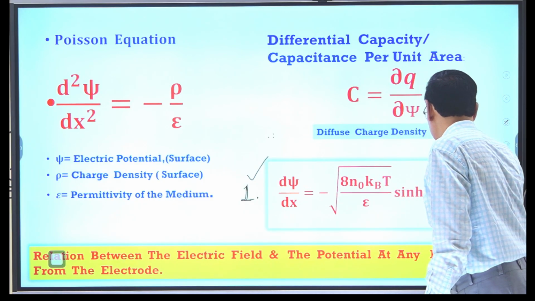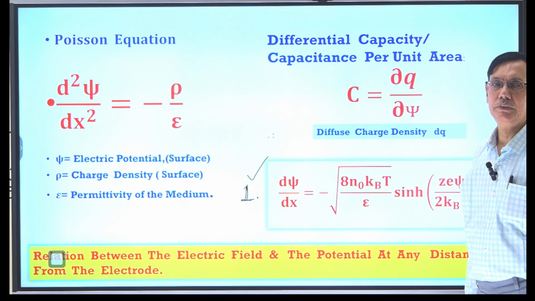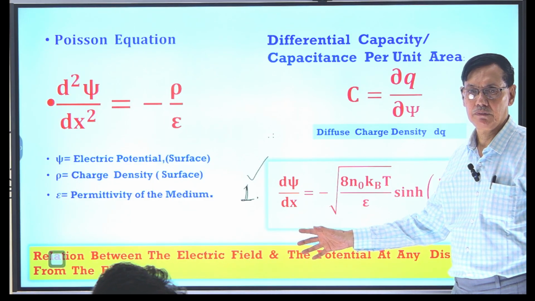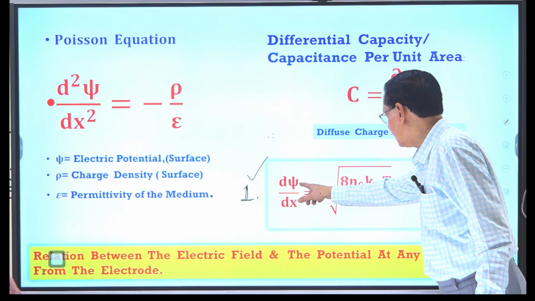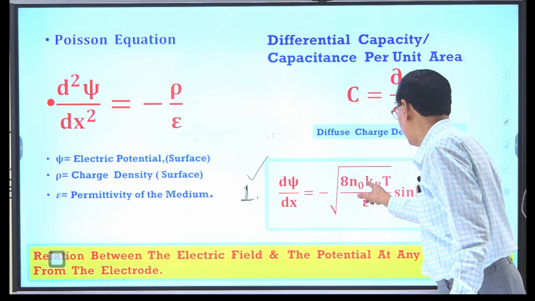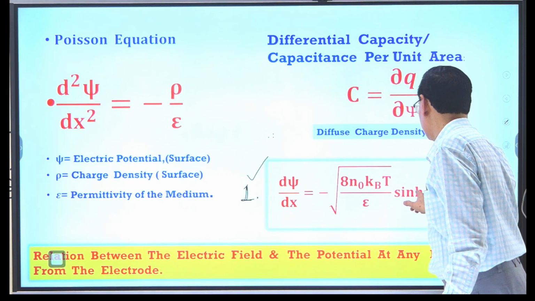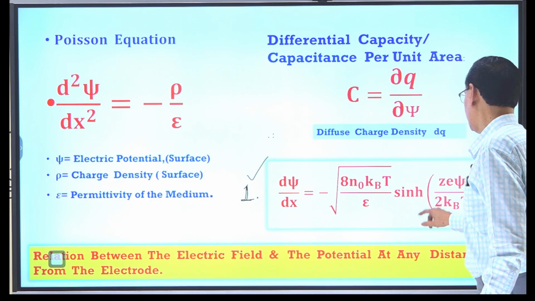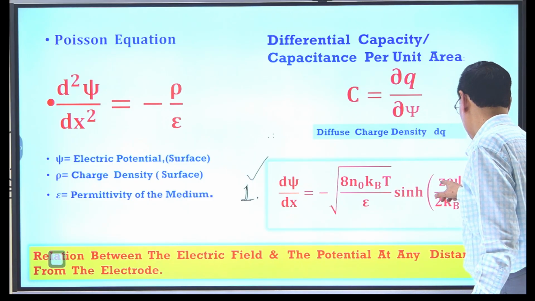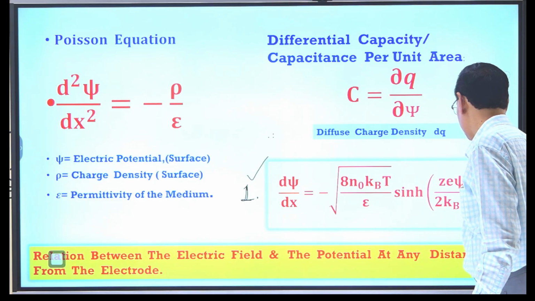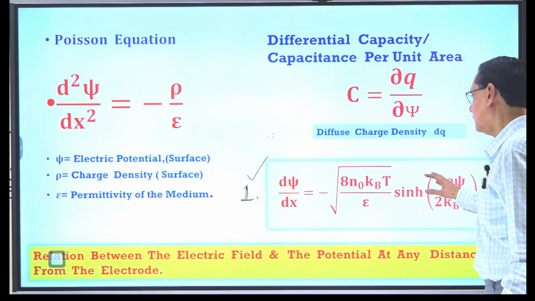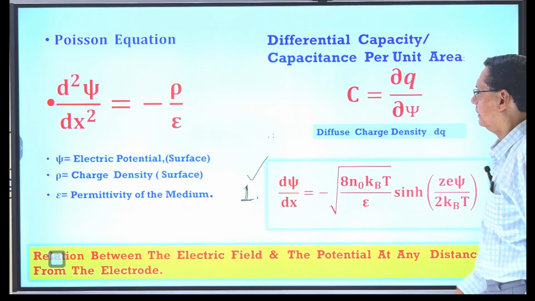The final derivation of Gouy and Chapman, and it is a quantitative description of potential gradient with respect to distance, 8 n0 Boltzmann constant T, sinh is the hyperbolic sine, and then z charge, valency, potential, 2 kT. So it relates the electric field and the potential at any distance.